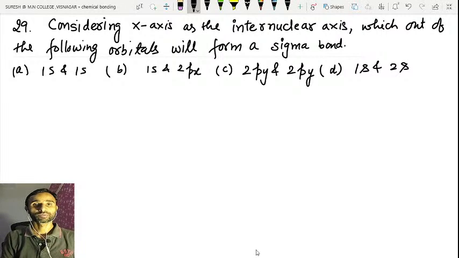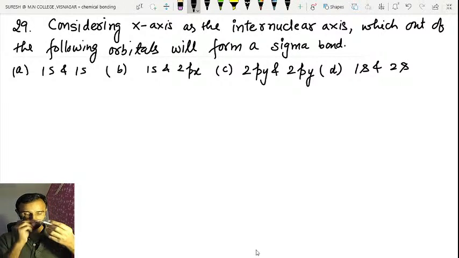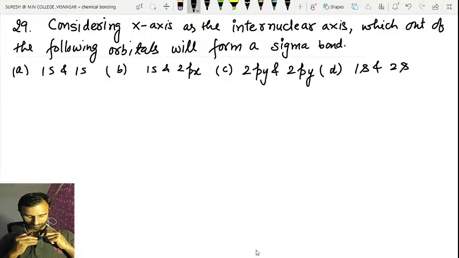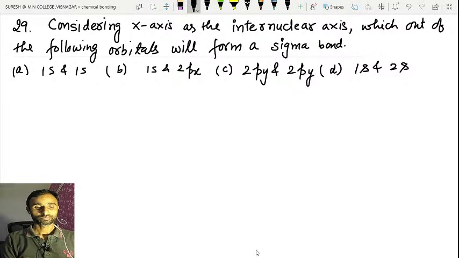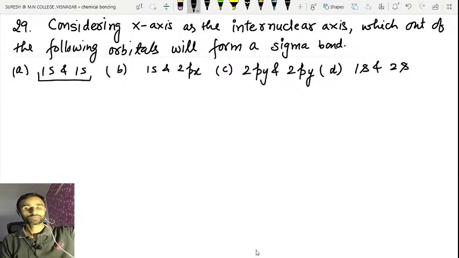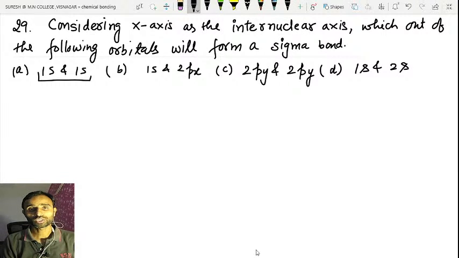So tell me, between 1s and 1s, which type of bond is formed?